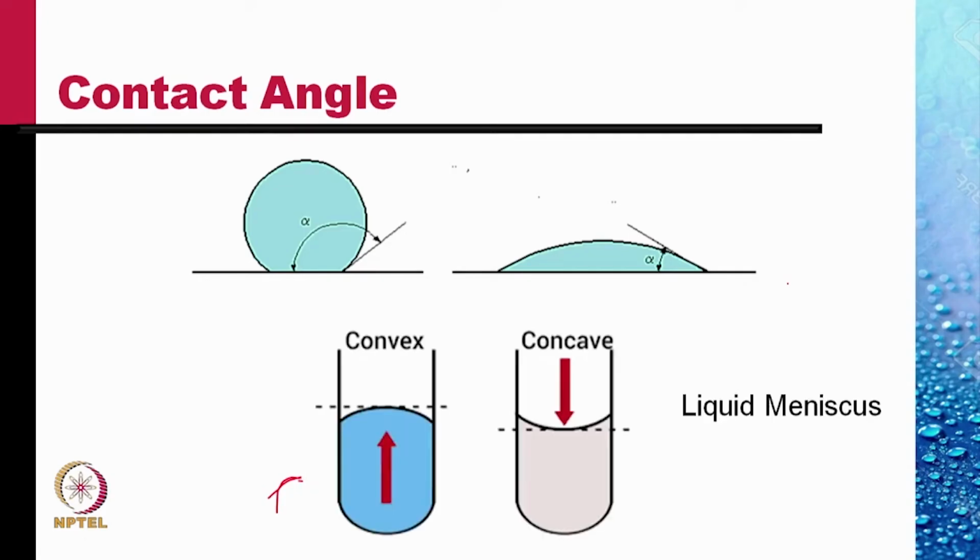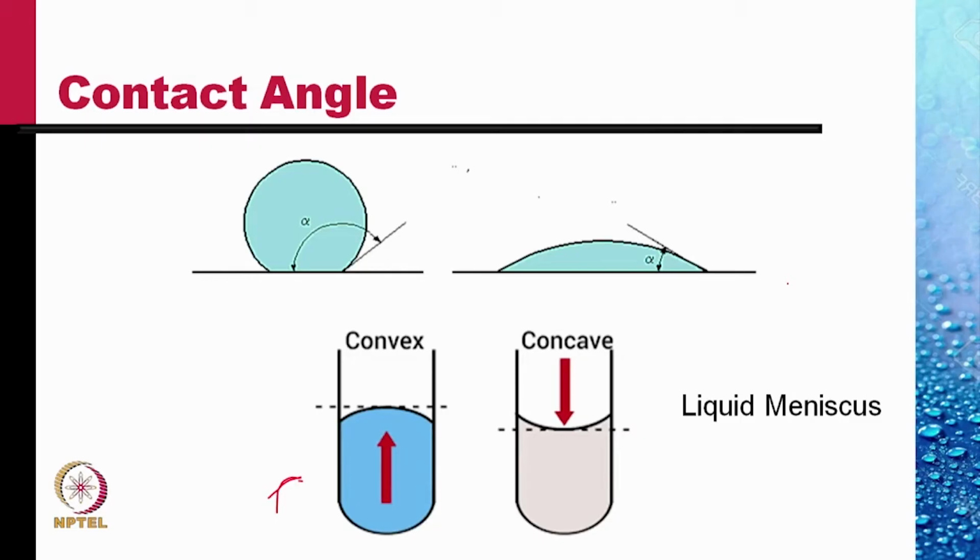This wetting results in a liquid meniscus as shown. On the left is a fluid like mercury, which does not wet the tube material, and so we have a convex meniscus. On the right is a liquid that wets the wall of the tube, so we have a concave meniscus.